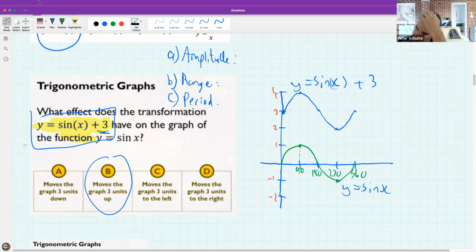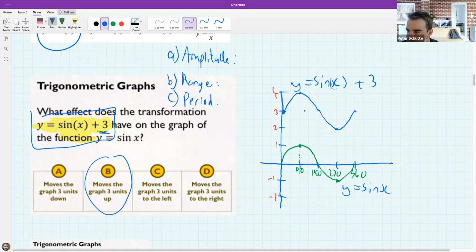I like the answers that I'm seeing. Keep them coming. Now, remember, we're looking at sine x plus 3 here. We're not looking at the original graph. We're looking at y equals sine x plus 3.